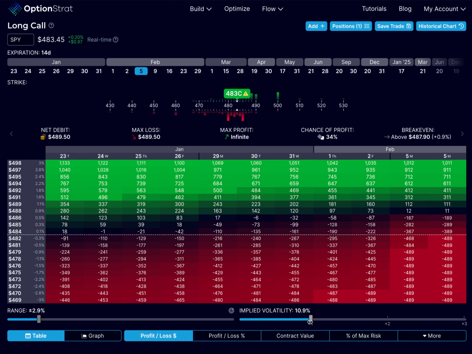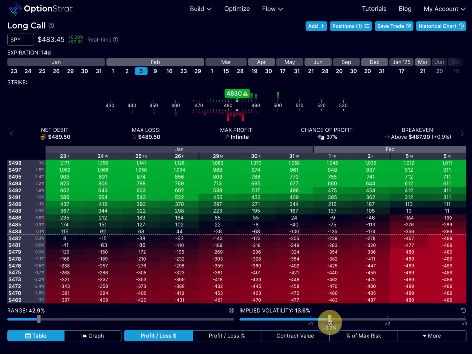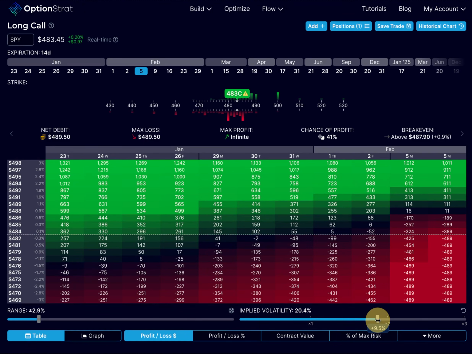So if I am in this position and implied volatility spikes, we can see if implied volatility goes up to 20% and the market doesn't move at all, the market stays at 484, the profit in my options trade, the long call in this case, increases by $362.